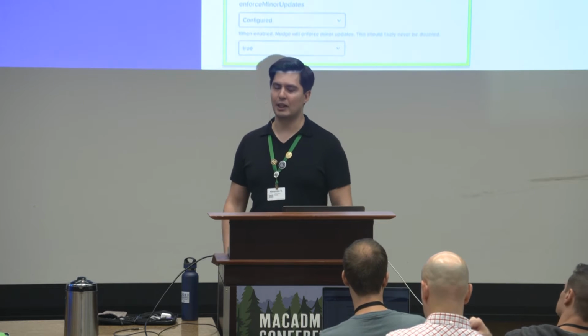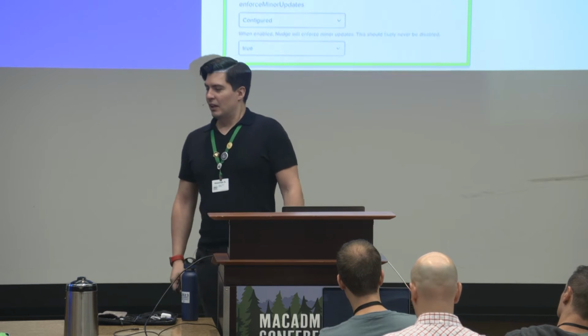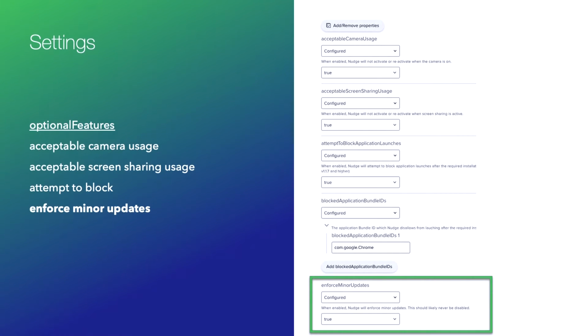So this is a good experience for everyone because it's letting them know why, and they're not just sitting there like, hey, my applications keep closing. Nudge is stupid. I do guarantee that someone will still say that Nudge is stupid because they'll be very upset about being nudged in the first place.